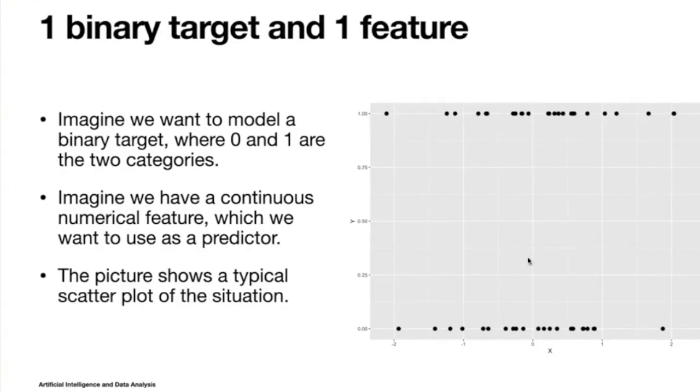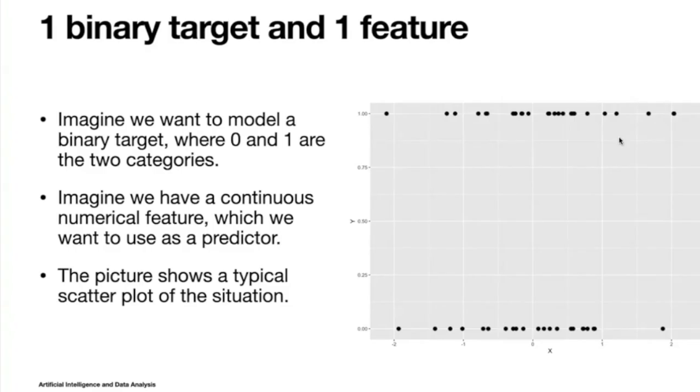And the feature, conversely, can be, for example, a numerical feature. So for many different values of x, my y can only be 0 and 1. So this is the typical plot. I see that some points will be on 0, some points will be on 1. Why? Because y can only be 0 and 1.